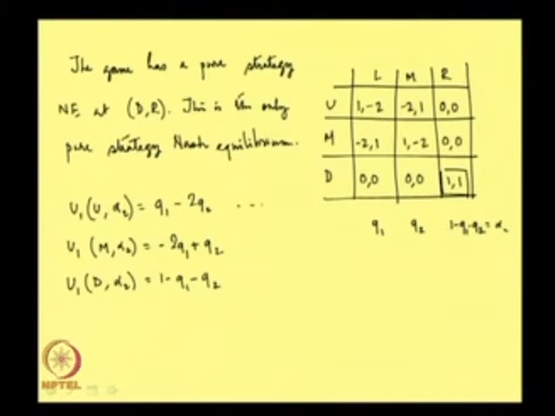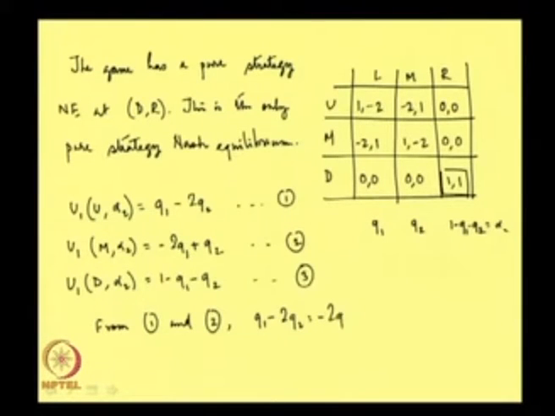Let us call them 1, 2, 3. From 1 and 2, what I get is q1 minus 2q2 is equal to minus 2q1 plus q2, or 3q1 is equal to 3q2, which implies q1 is equal to q2.